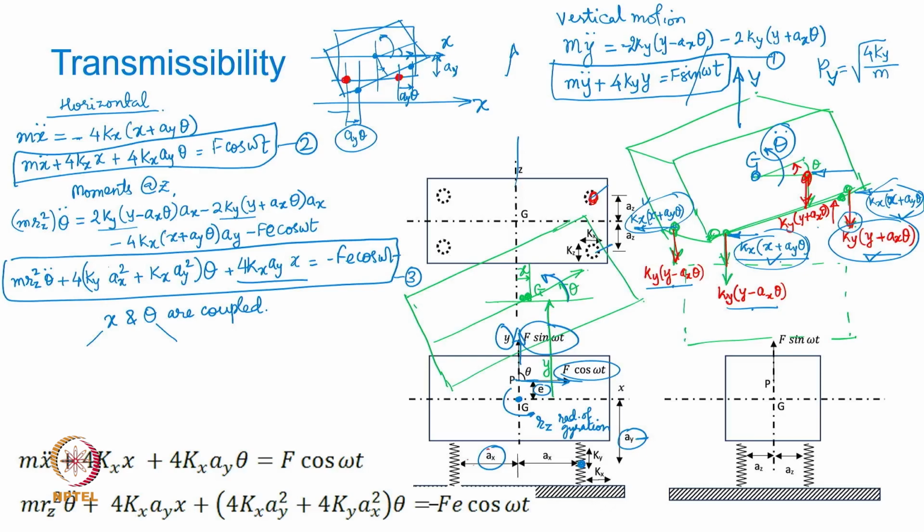So now the only realistic physical parameter which is creating this coupling is actually ay. So this ay is the parameter that appears here, and that ay is coupling the motion in x and motion in y.